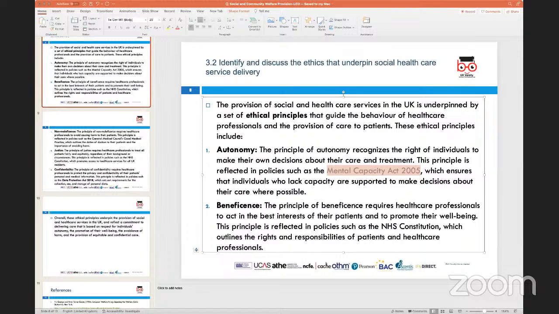So relevant authorities, including the court, would step in, and they would nominate a person who would be making the decision in favor of the patient, keeping the interests of the patient in mind.